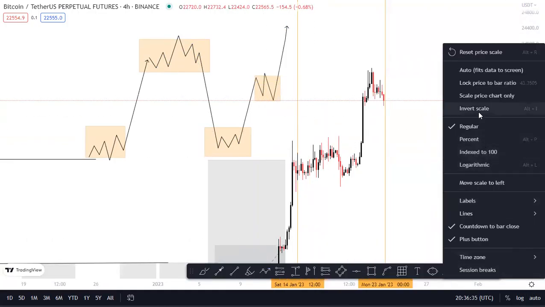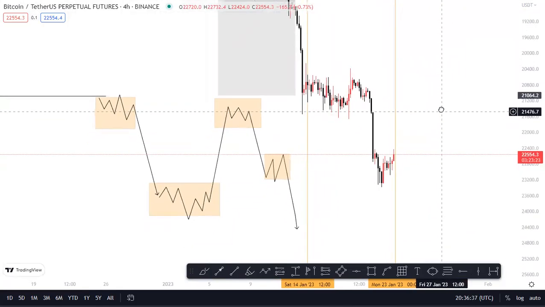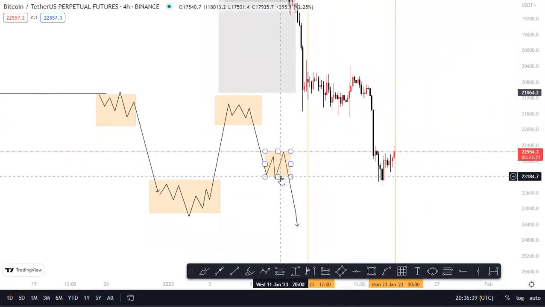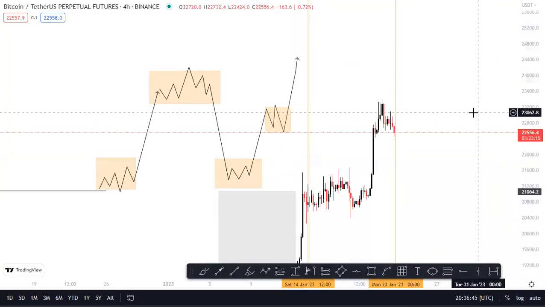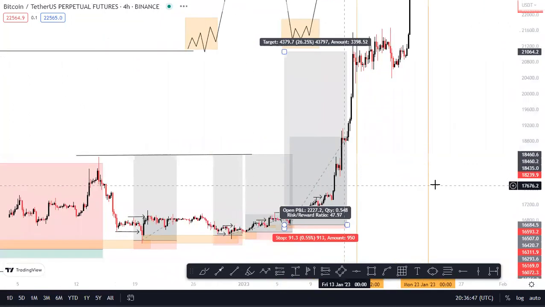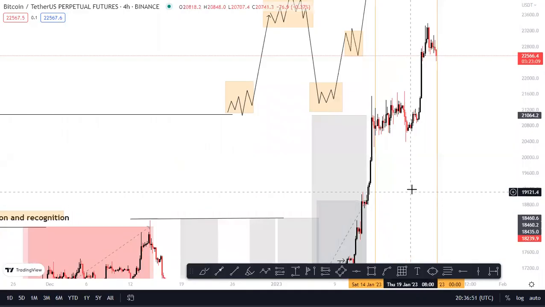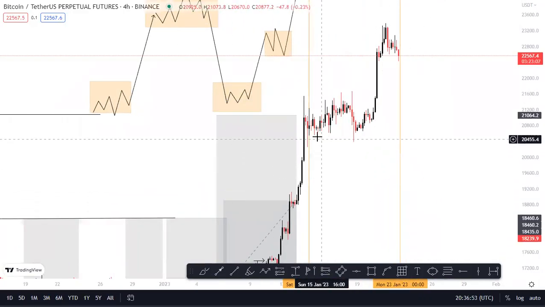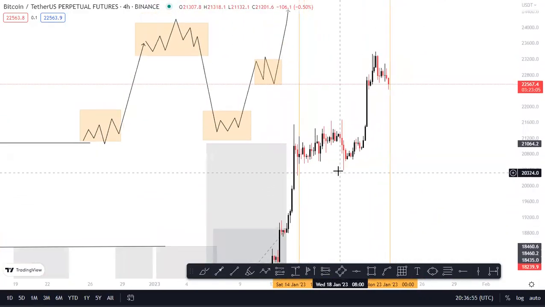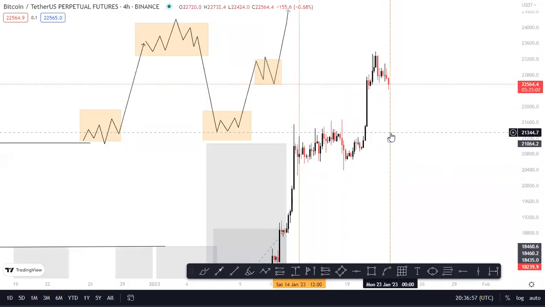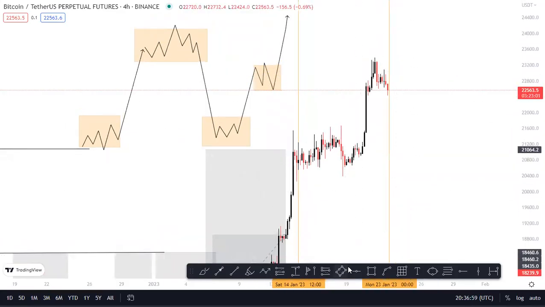Let me try to flip. Now here will be a redistribution. So whenever you lose the chance to find entries at those points, where price has been accumulating or forming some distributions, it will usually be hard to find another entry to trade the markup phase or the markdown phase.